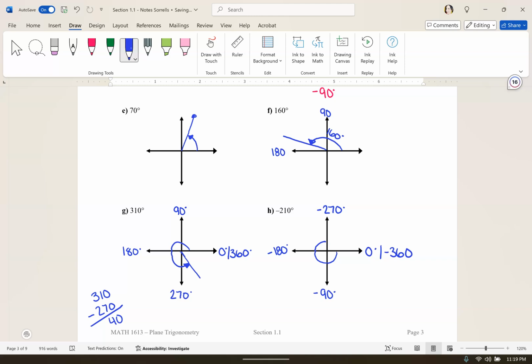So we can do 270 minus 210. So that means I would be going 60 over. Oops, I didn't mean to erase all of those. So 60, maybe about right there. Okay. And there you go.